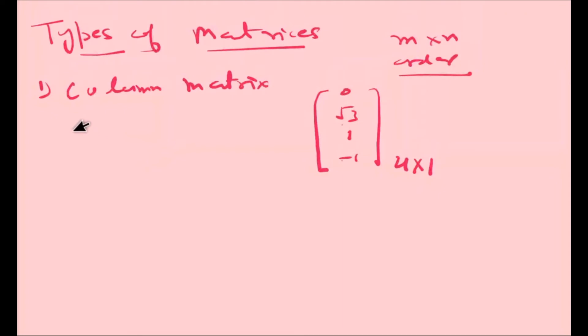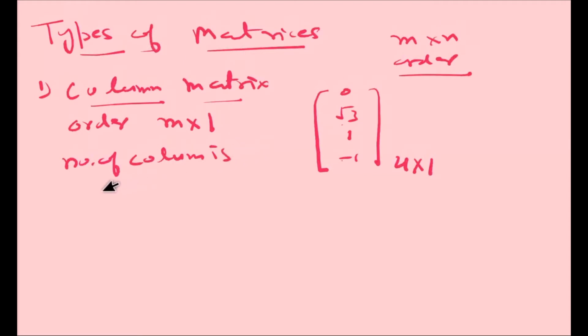So a column matrix has order m into 1. If the number of columns is always 1, then it is known as a column matrix.